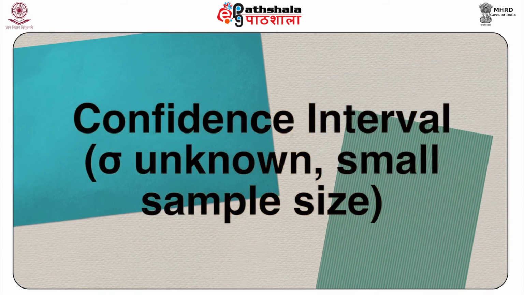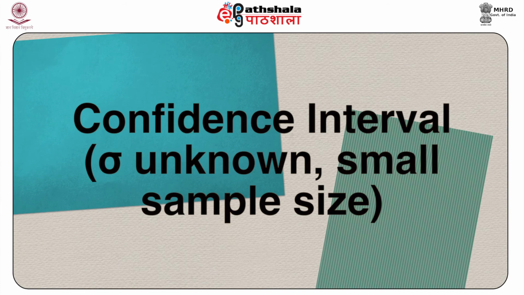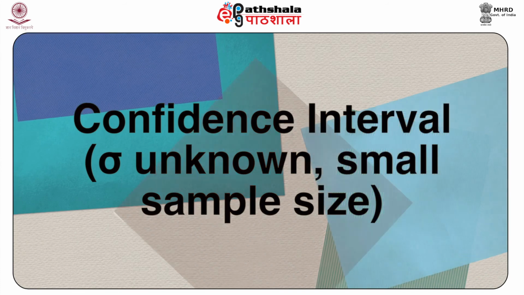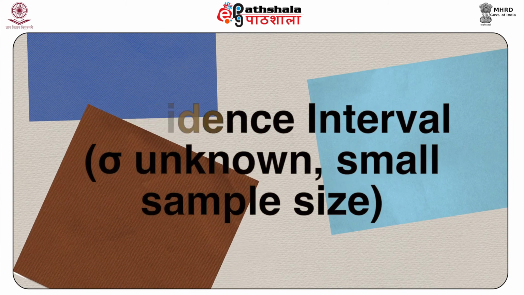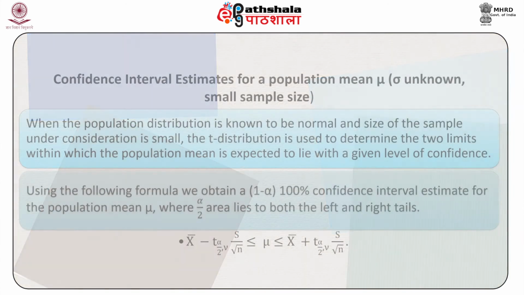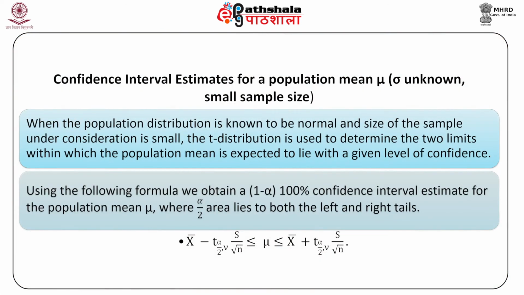a population mean mu. Here we are assuming that sigma is unknown and we have a small sample size. So when the population distribution is known to be normal and the size of the sample under consideration is small, the t distribution is used to determine the two limits within which the population mean is expected to lie with a given level of confidence.